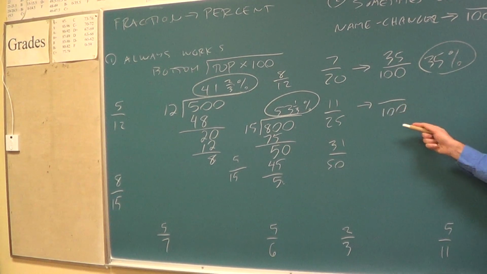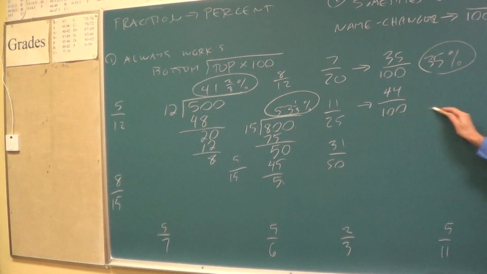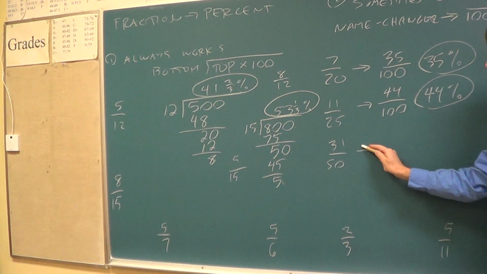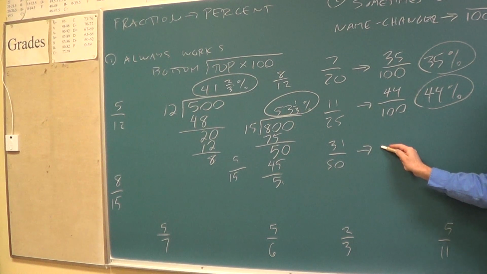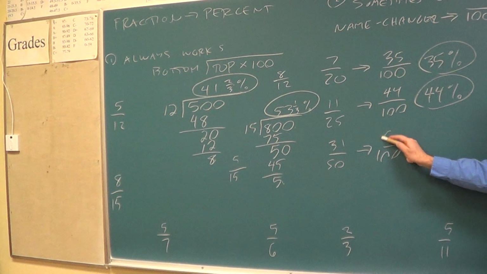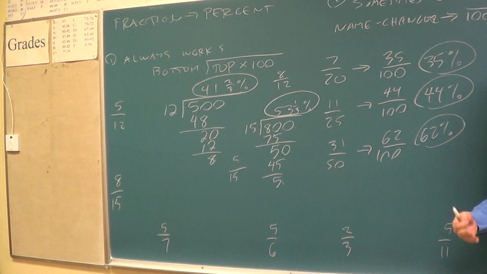Yeah. So multiply by 4. So the top is 44. So the result is 44%. 50. Can that be made 100? Yeah. Multiply by 2. That makes the top 62. So 62%. That doesn't always work. That sometimes works. If it works, that's quick.